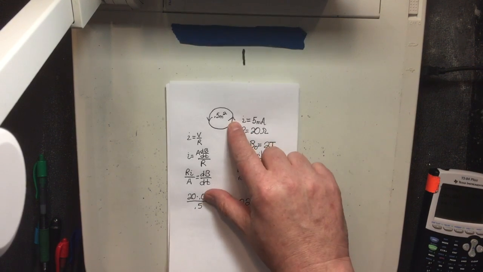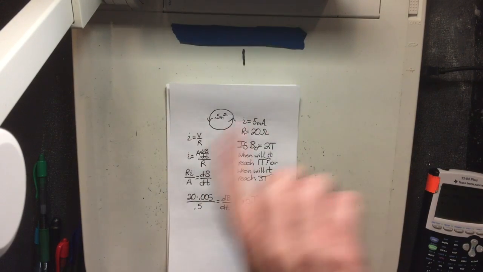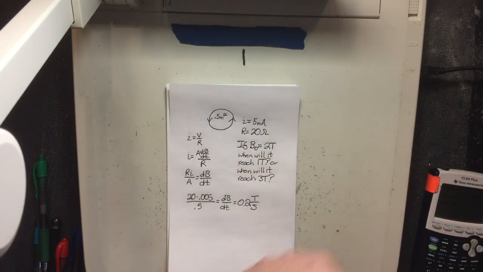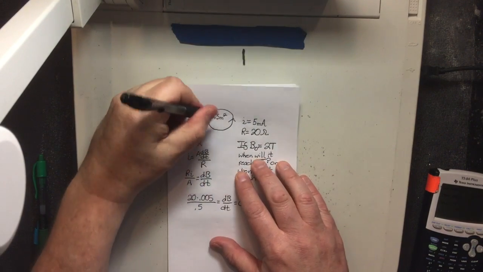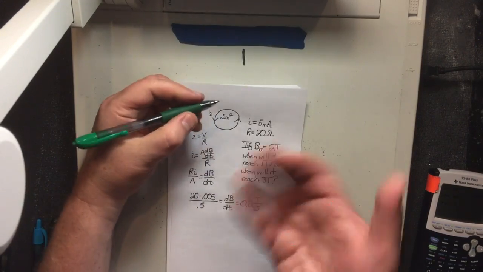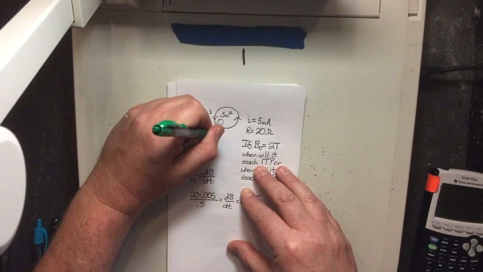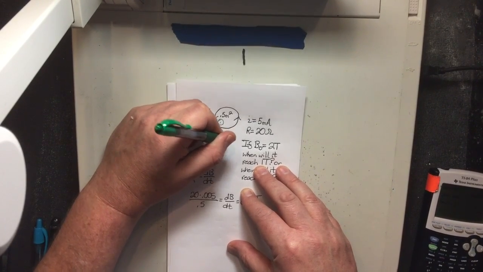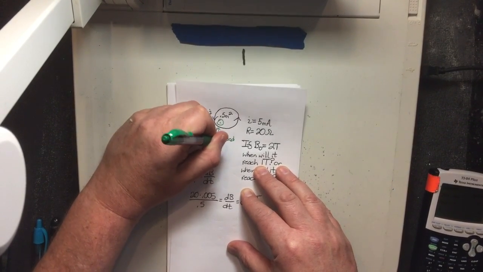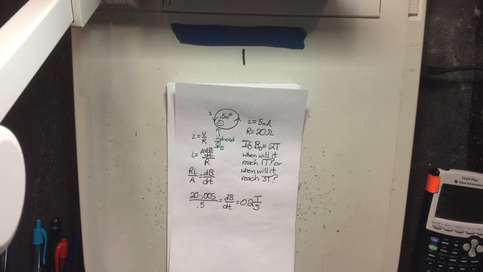When you're looking at this, it's a counterclockwise current, which means that the induced flux has to be out of the page. So you've got a counterclockwise current in that loop, that induced flux has to be out.